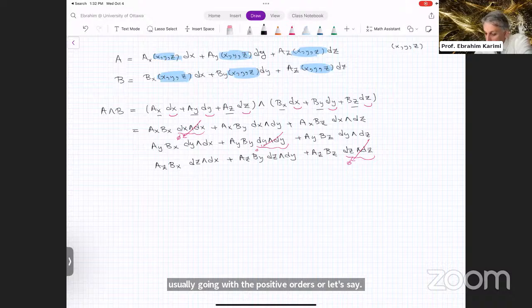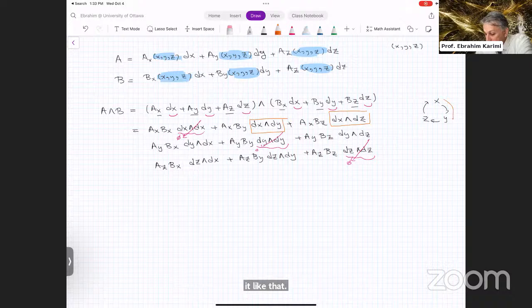So I will cast it in such a way that X, Y, and Z show up in the wedge product in the proper way. This is dx dy, so it is xy, positive. I will keep it like that. This is xz, which goes with a negative sign, so I will write it as minus dz dx.